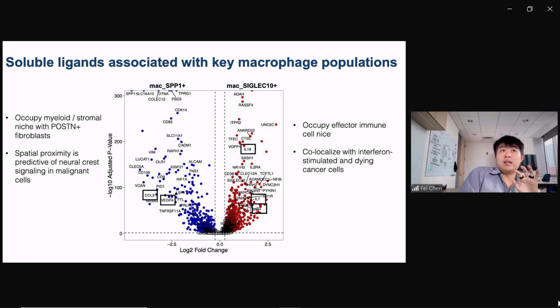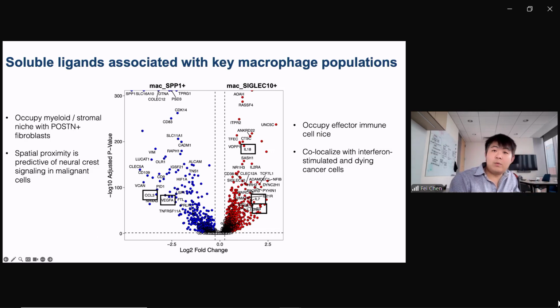So not only are these macrophage populations separating out these two niches, we also seem to see that they're associated with many soluble ligands, including different interleukins and also chemokines.